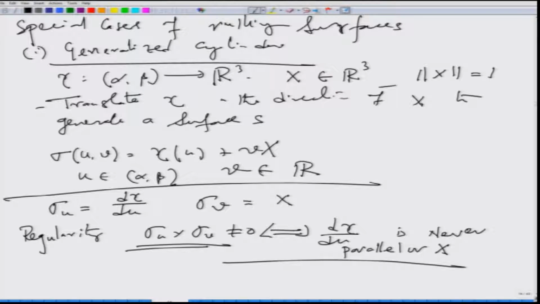So, this surface is regular provided the condition I wrote. This parametrization becomes really simple if I take a simpler form.